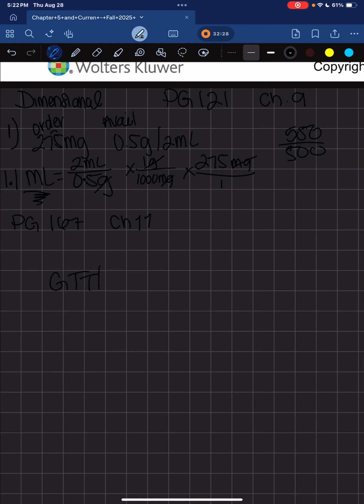So let's start with what we know about our drip factor or our drip conversion factor. How many drops per milliliter will our drip chamber, our IV set, deliver? 15 drops per ml.